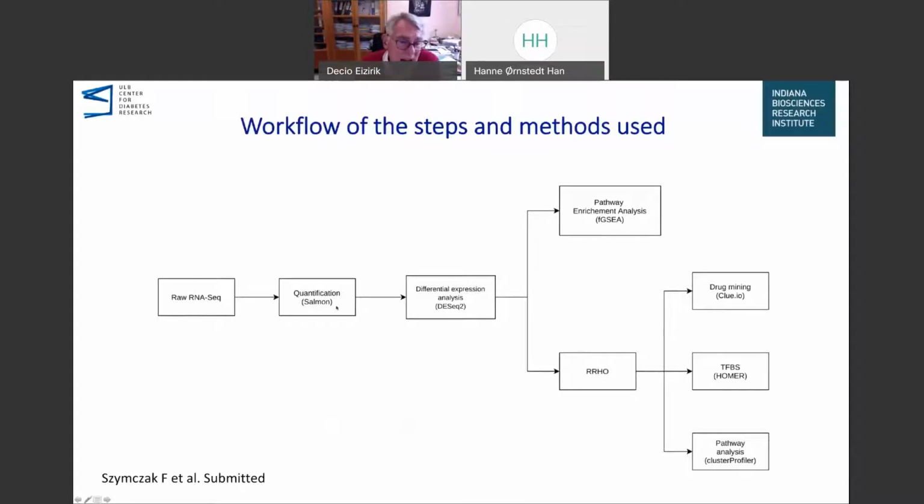We quantified it using a program called Salmon, did the differential expression analysis using another tool, and then we divided it, let's say, in two analysis pathways. One is pathway enrichment analysis, and the other that I'm going to show you in detail is rank-rank hypergeometric overlap, which was followed by additional analysis.